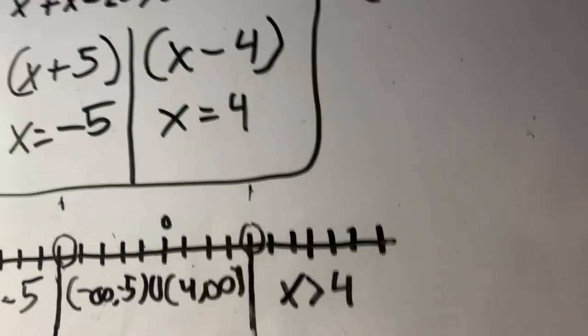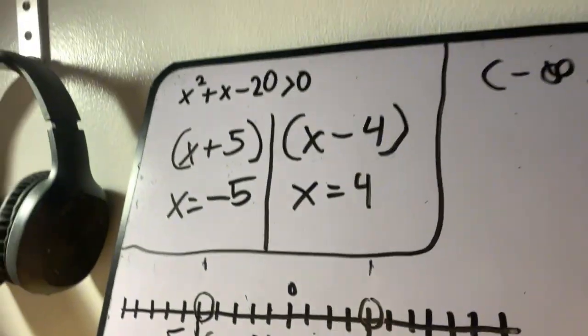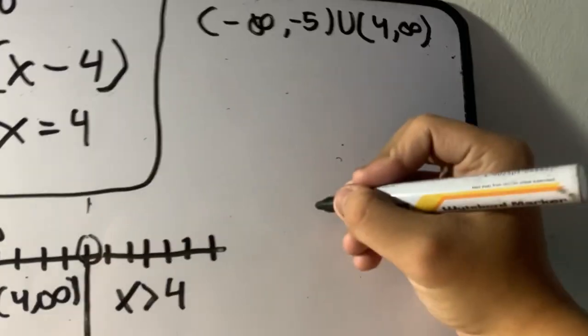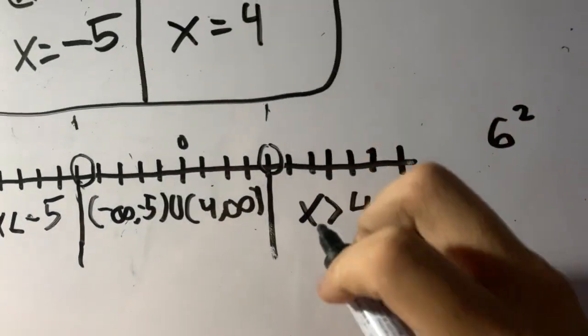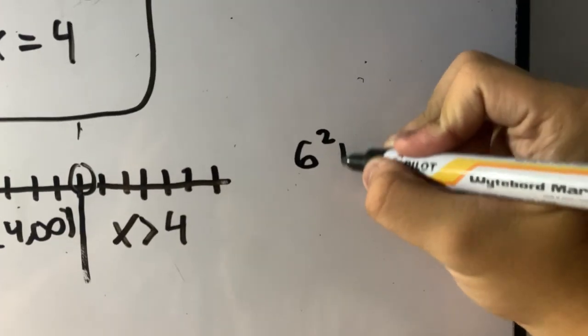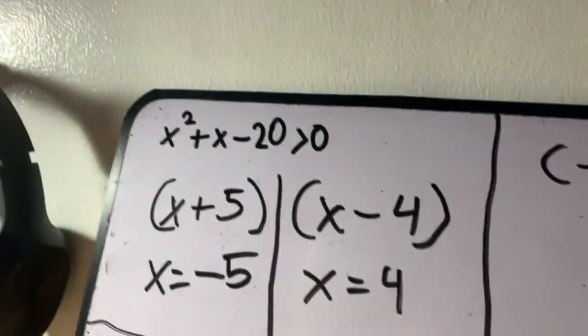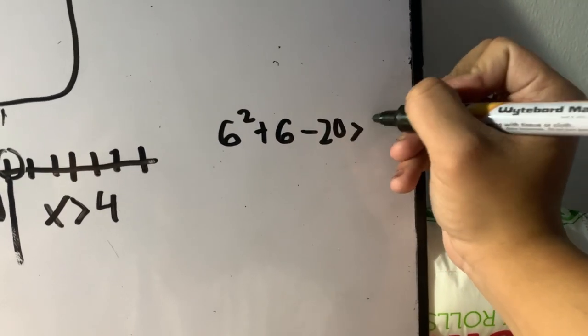So to check if it's bigger than 0, we'll have to do 6 squared, because that will be our x. We chose 6, so plus 6 minus 20 is greater than 0.